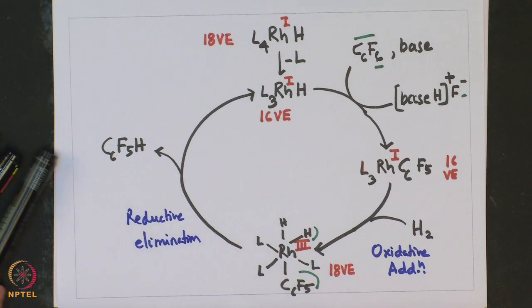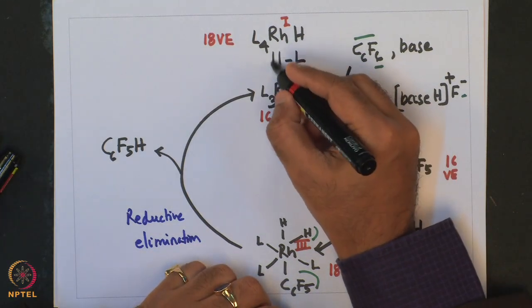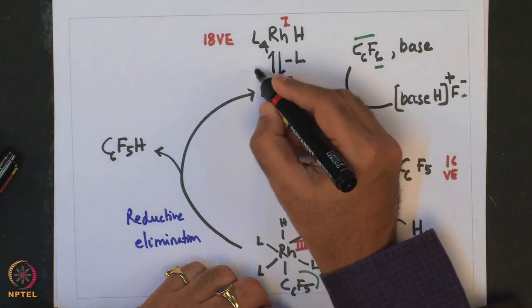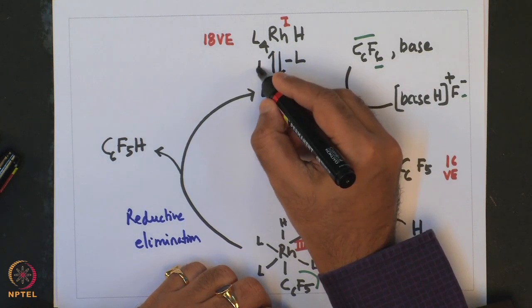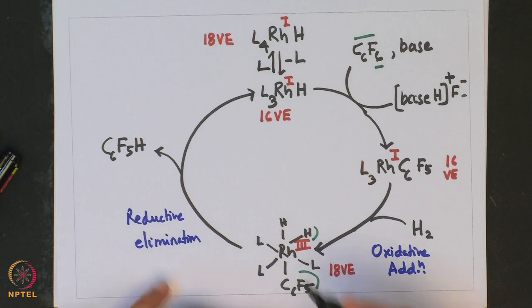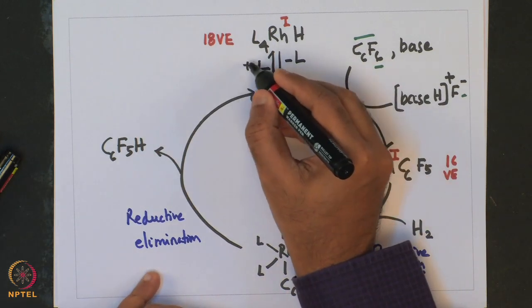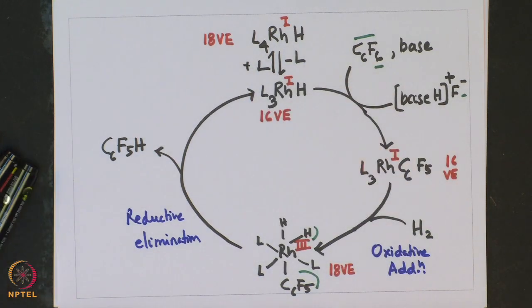This complex, in presence of this L, can give back the pre-catalyst. So, what is demonstrated over here is a very efficient catalytic cycle for CF activation using a rhodium complex.